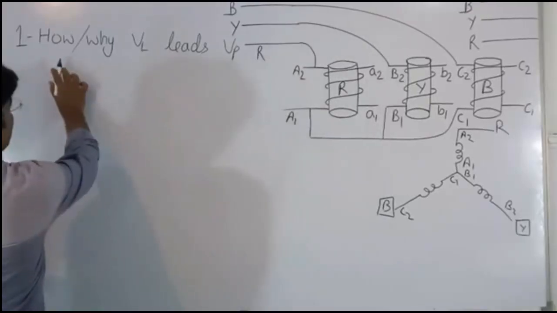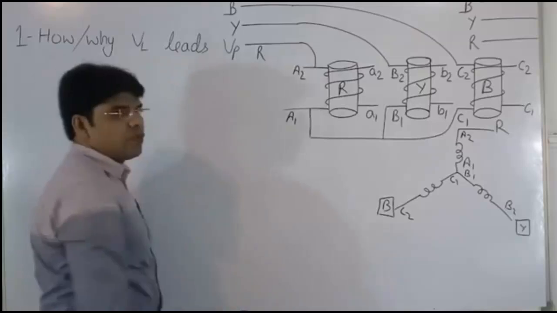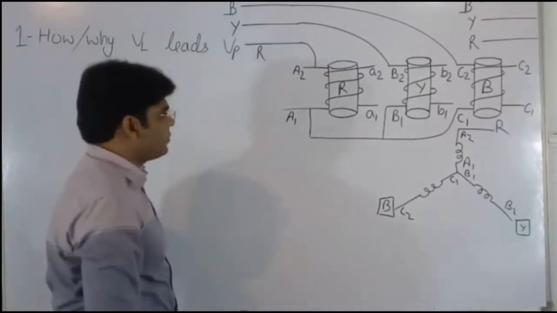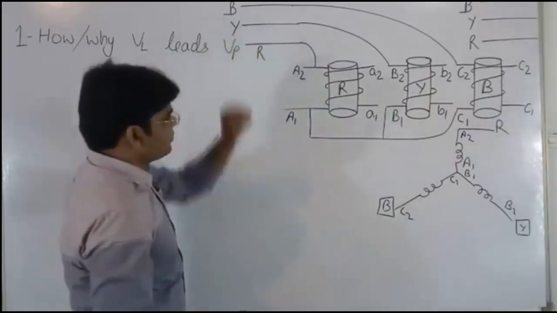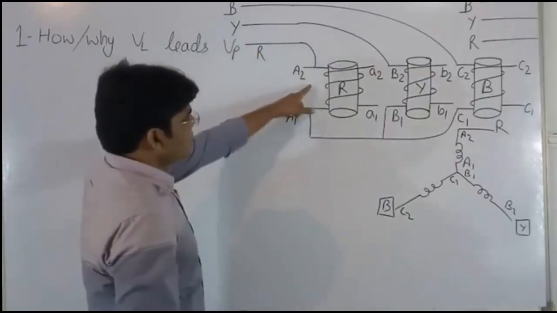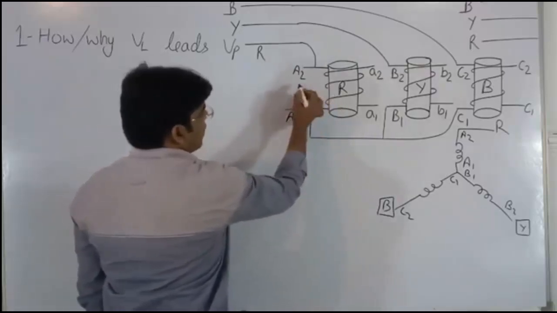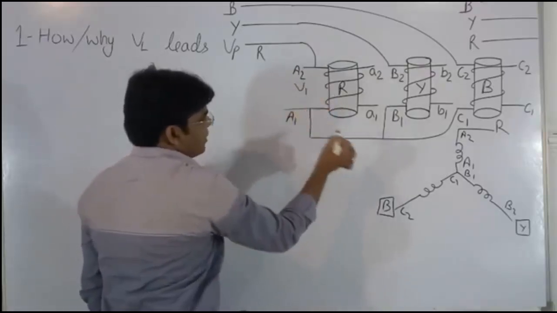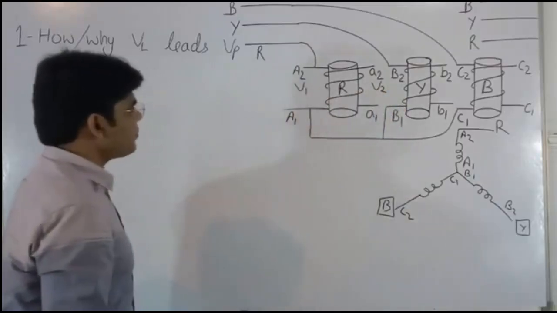Let us see how and why line voltage leads phase voltage in star connection. See here, when supply is given, then a flux is set up. So V1 is induced in the primary winding and V2 is induced in the secondary winding.